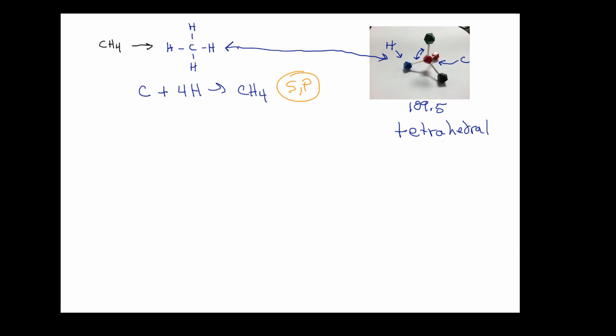So remember that in each of these covalent bonds, all right, you have a pair of electrons that are bonded up, all right, and they're existing in the space between the nuclear centers of the carbon and the hydrogen. So how are we going to relate the mixing that they're doing?